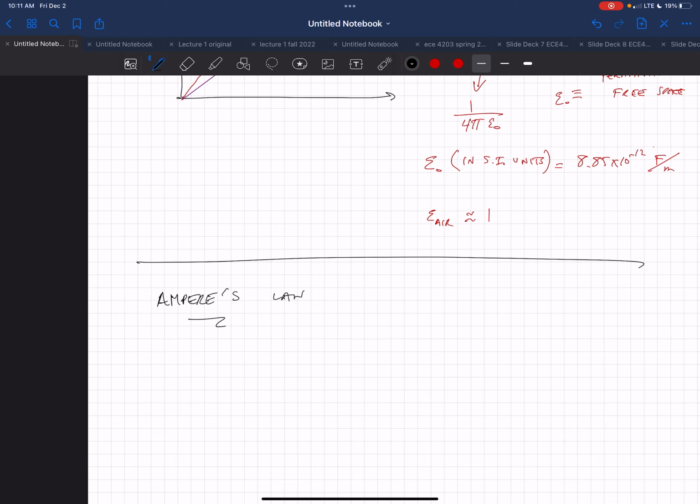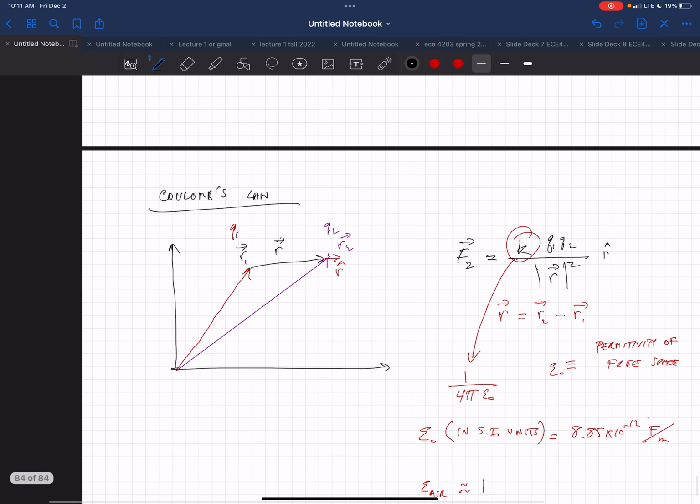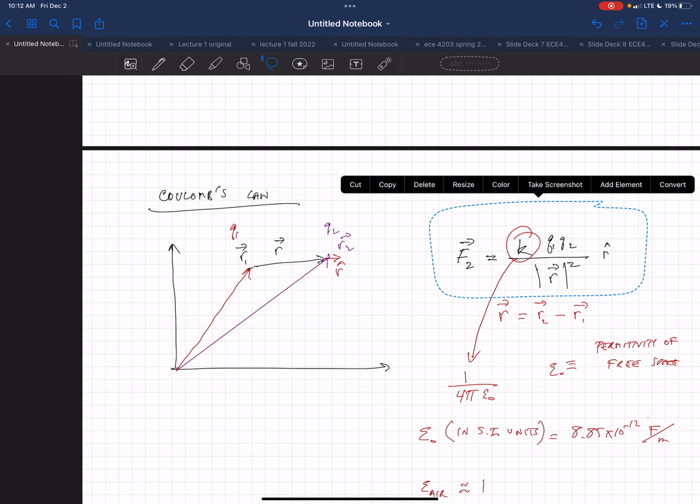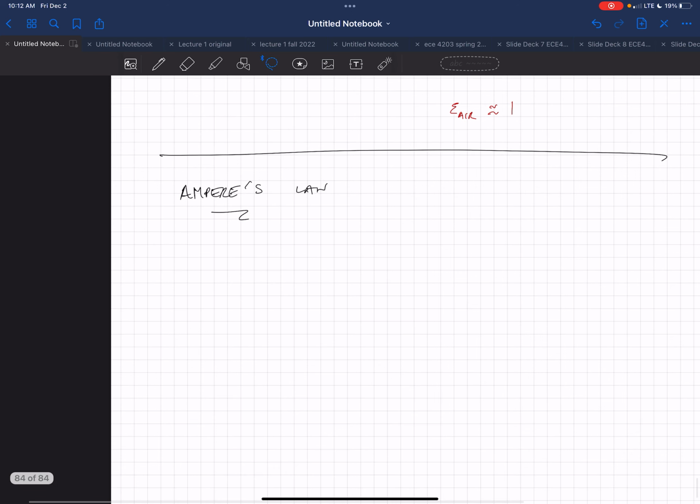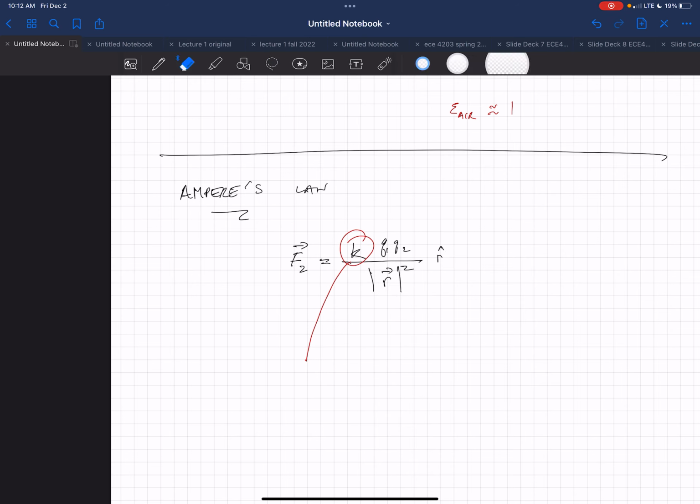So that's the concept of an electric field, or any kind of field. In the case of an electric field, what people did was take this force, the force from 2 to 1, and define something called a field caused by Q1.